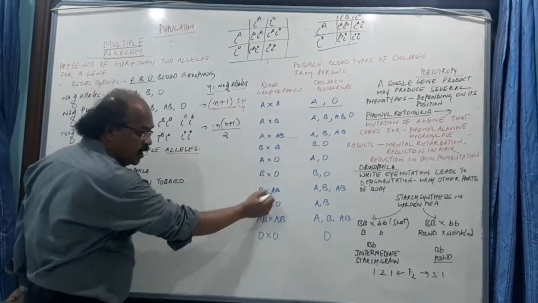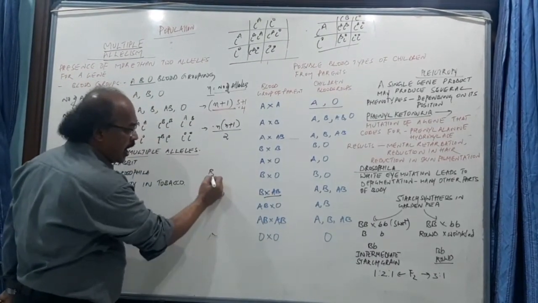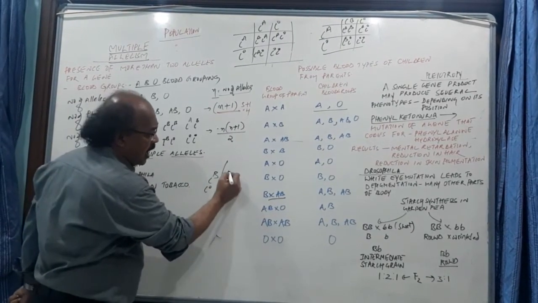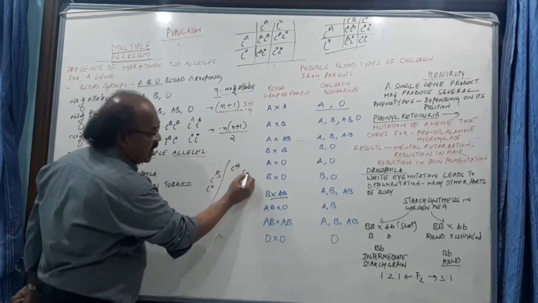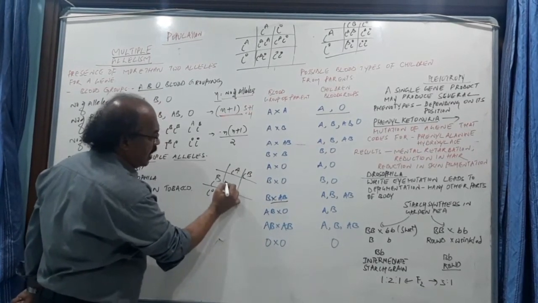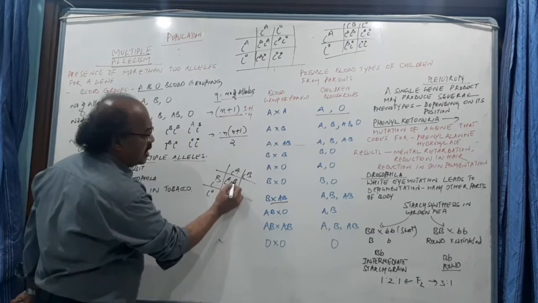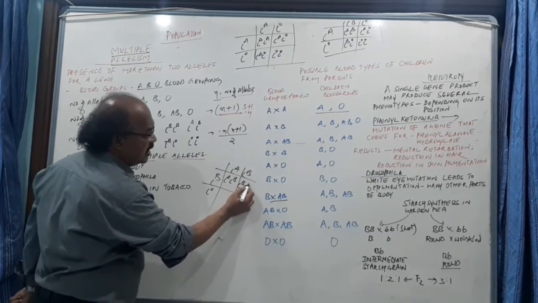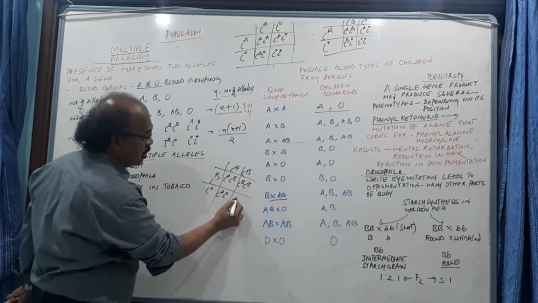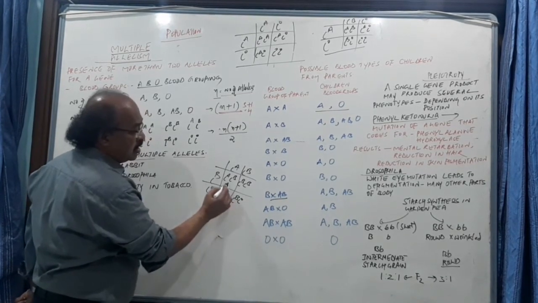If it is B blood group, IB, IO, let us take that direction. AB, IA, IB. IA, IB, IB, IB, IA, IO, IB, IO.